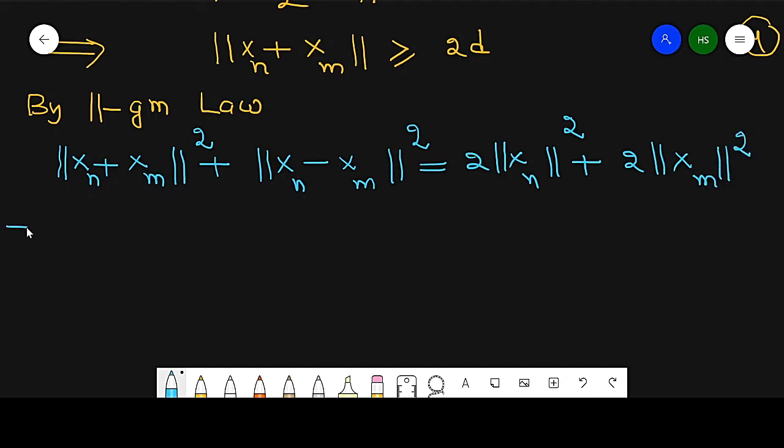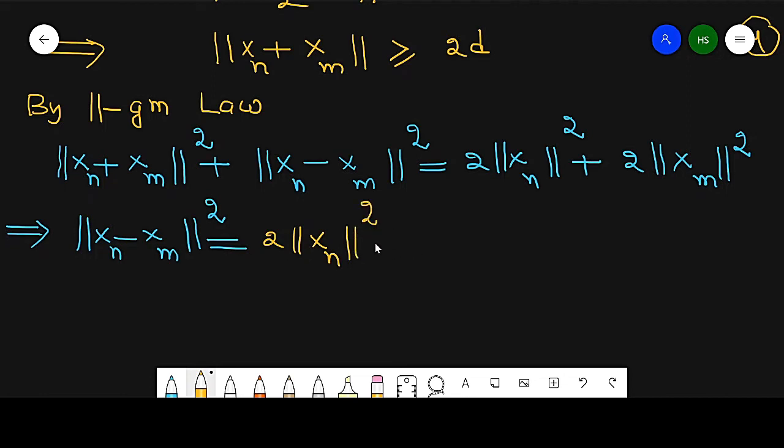So it implies the left hand side, the norm of xn minus xm raised to power 2, is equal to 2 times norm of xn squared plus 2 times norm of xm squared minus norm of xn plus xm squared.